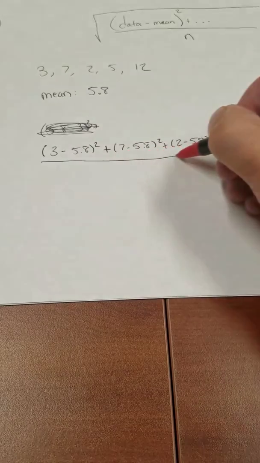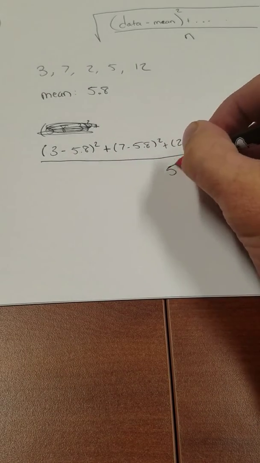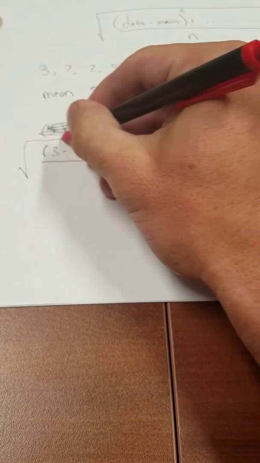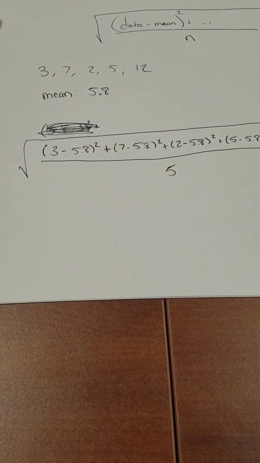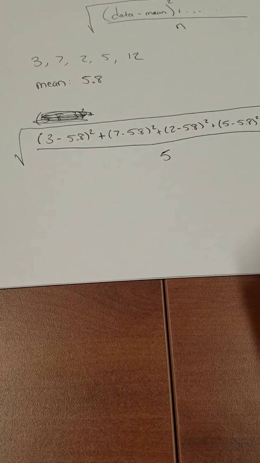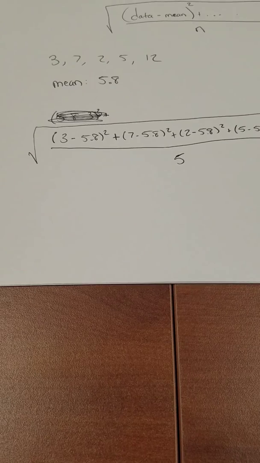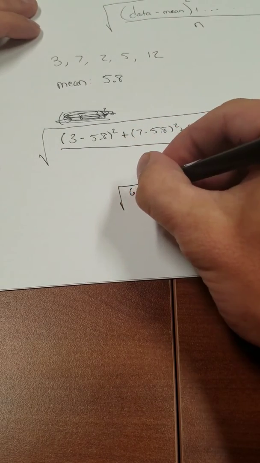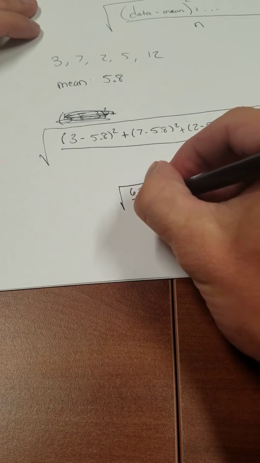Take it, we're gonna divide it by 5. Okay? Take the square root of the entire thing. Whoosh. Now, here's what I want you to do. Type the top part in first and hit enter, and then unpause the video and see what you got. So what you should have is 62.8 divided by 5.